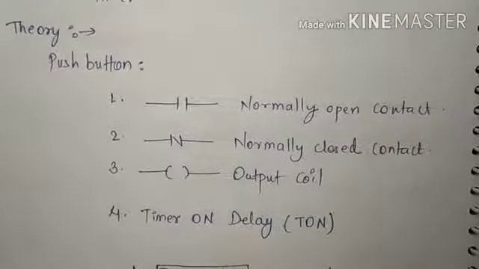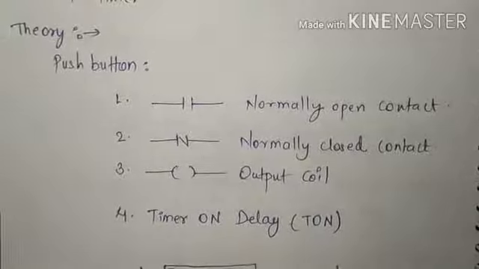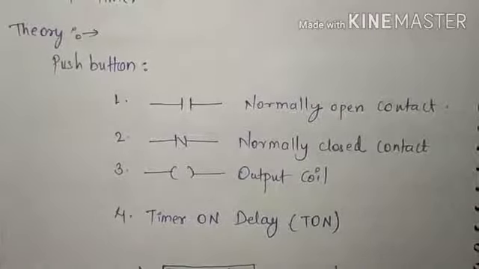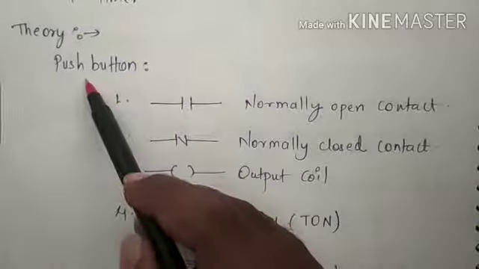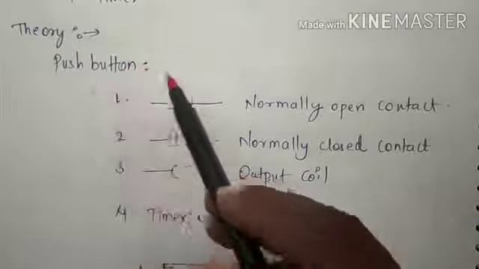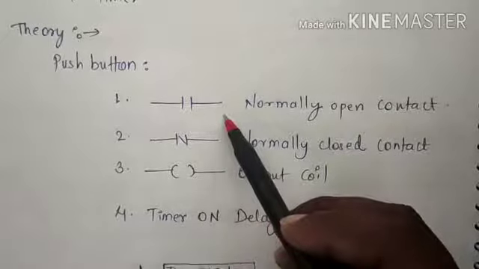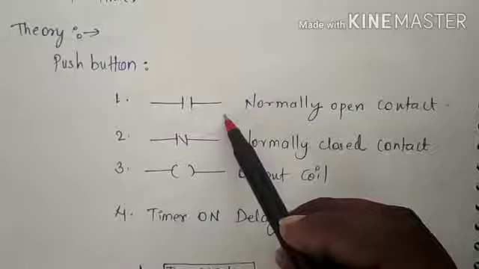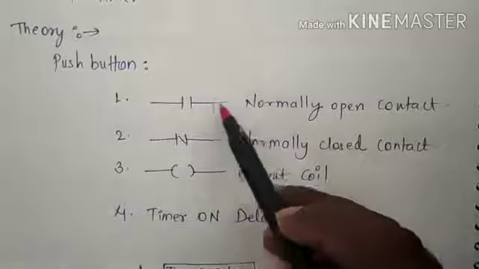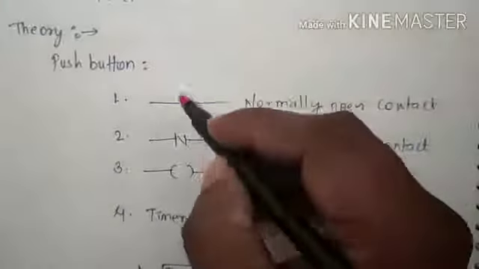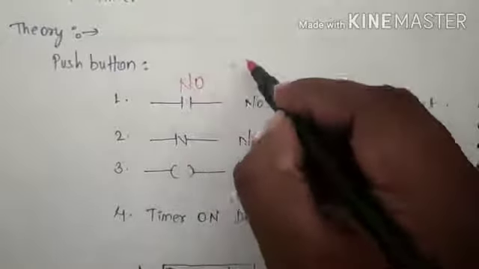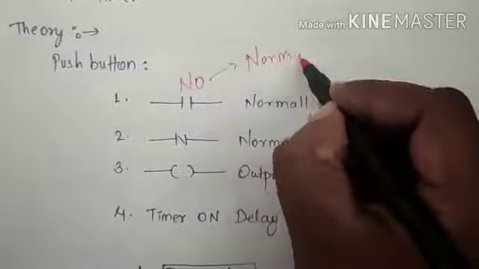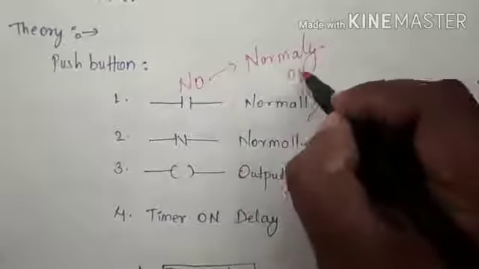Before proceeding to the main content of our practical, we will look at some of the basics of this experiment, like the push buttons. What are push buttons? In the previous experiment also we have seen what a push button is. It is divided into three. The first one is the NO, also called normally open.